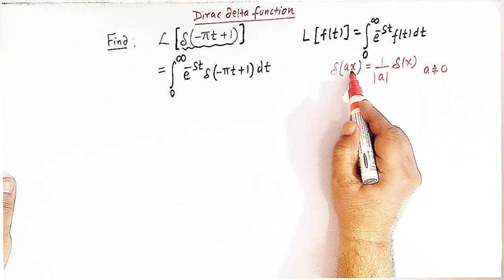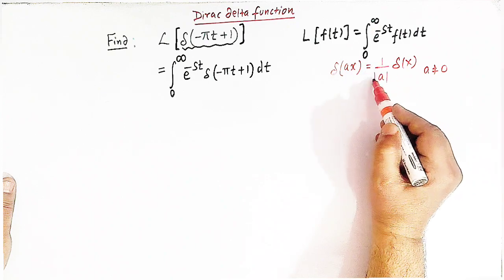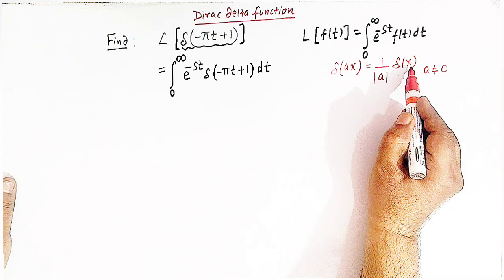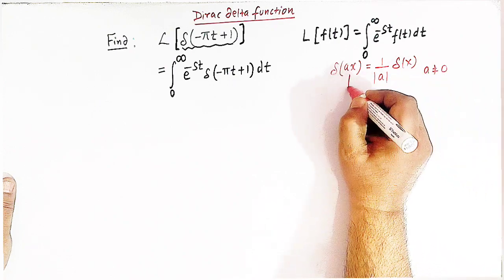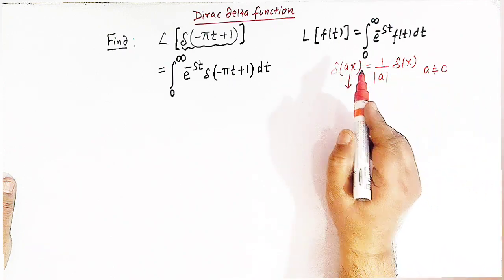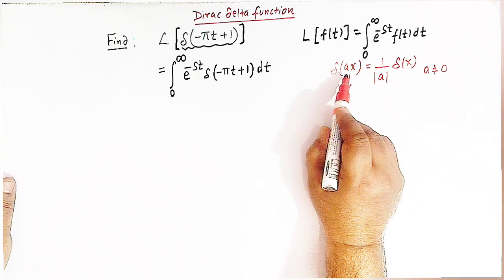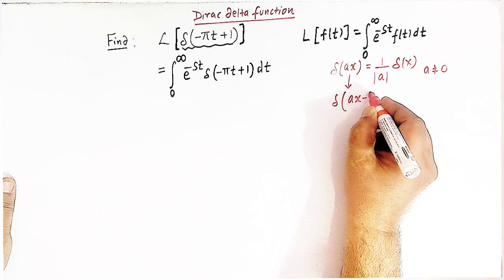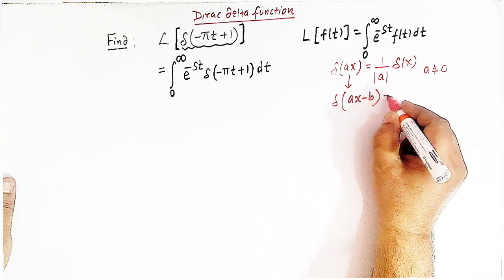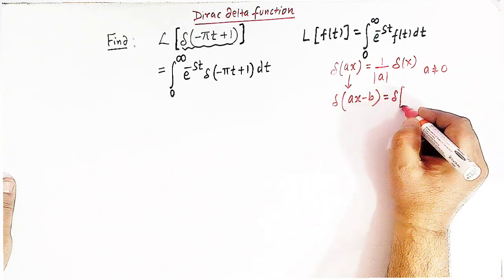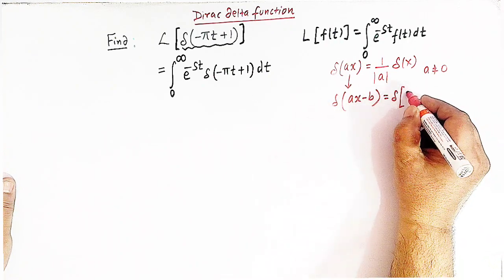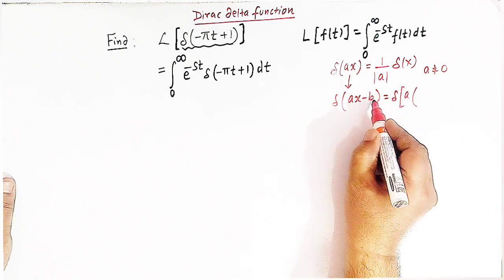We can also write a modified version of this property: delta of ax minus b can be written as delta of a times x minus b over a, so we take a common between ax and b.